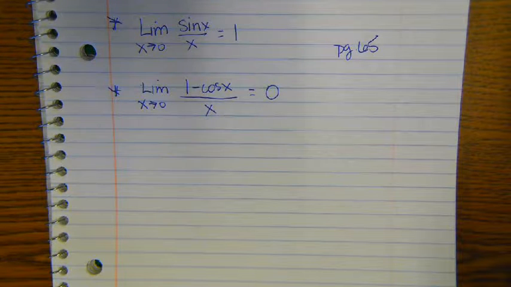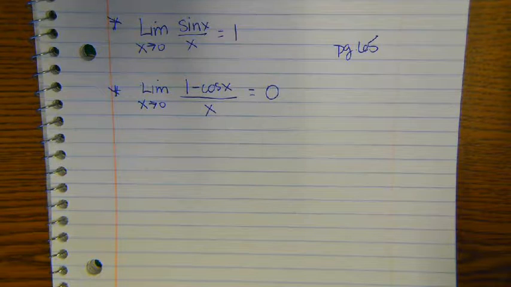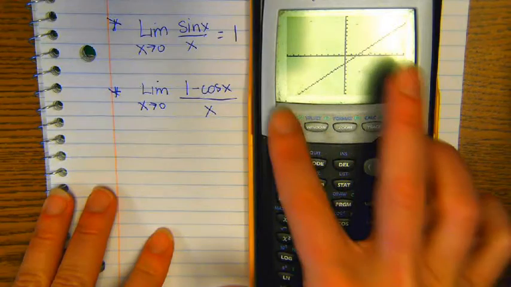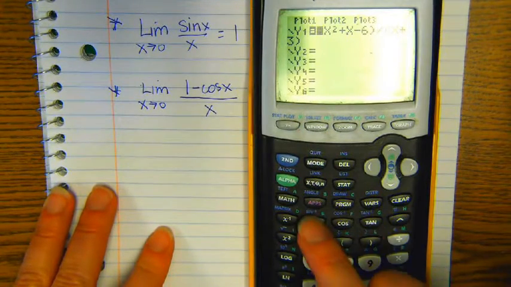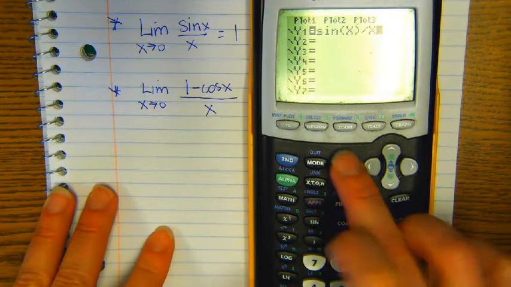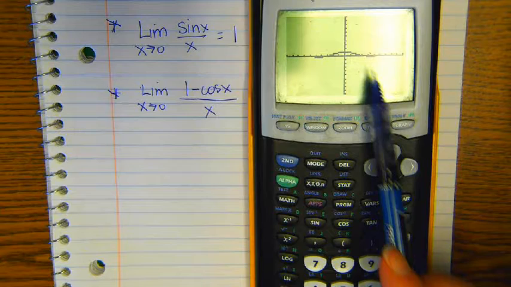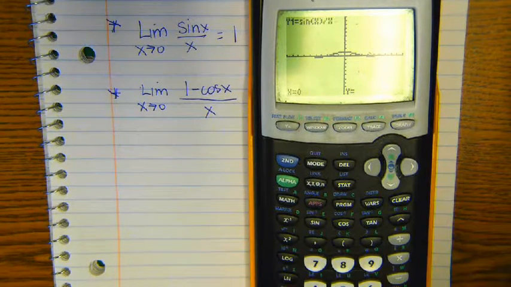Okay. Let's take a look at the graph and I'll see if you guys remember it. I'm going to put sine x over x in, okay? Okay, so see it comes up, comes down, but if I would try to put in 0, if you would look at a table of values, these things approach 1.